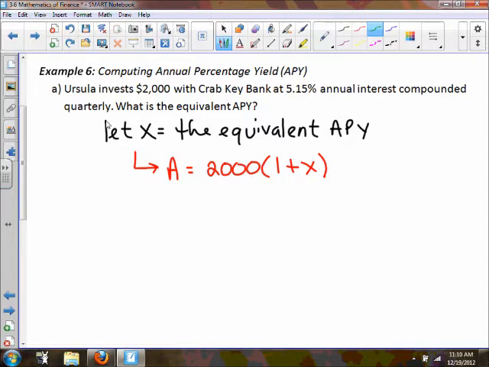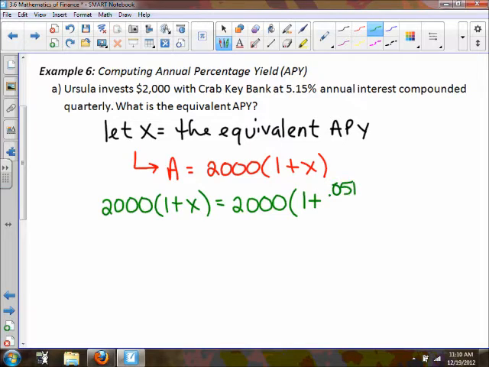So what we can say then is 2,000 times 1 plus X will be equal to 2,000 times 1 plus 0.0515 over what? Over quarterly, so it's 4, to the 4 by 1 power.